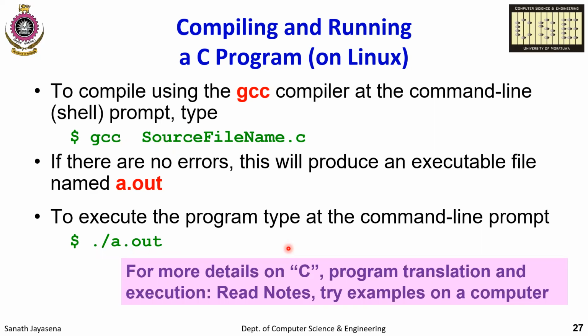More details of these things are available in your notes, and also in lab number 1, you will get some additional opportunity to learn more about C as well. Try those examples. All right. Okay.